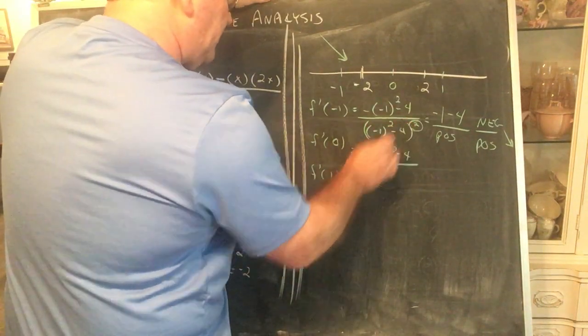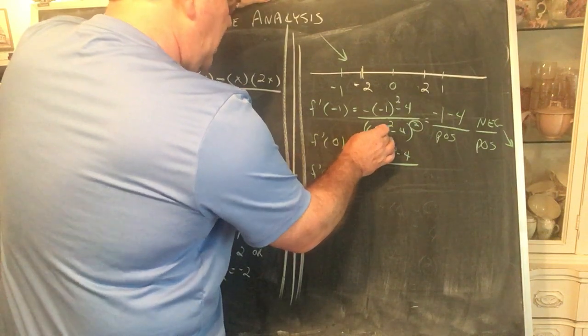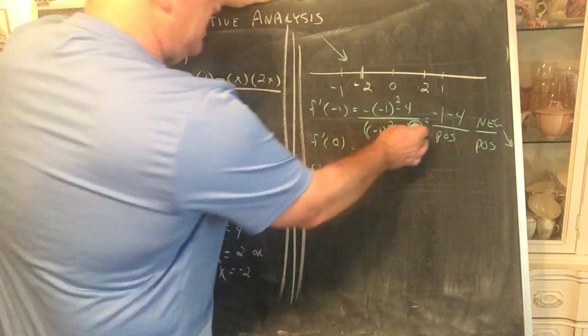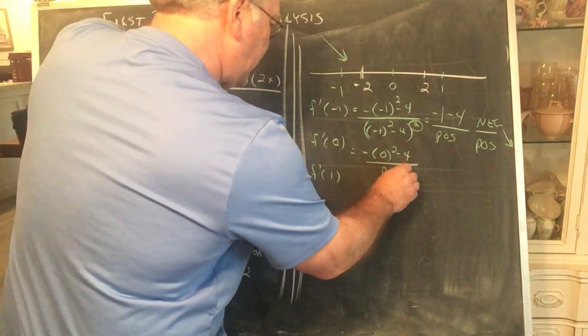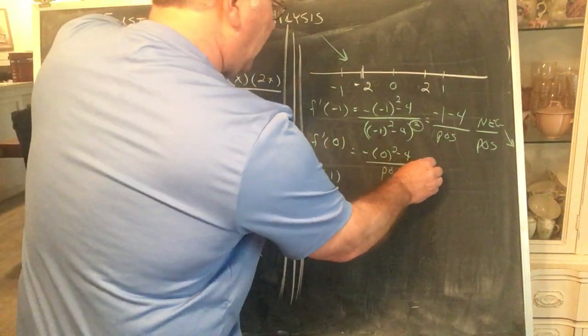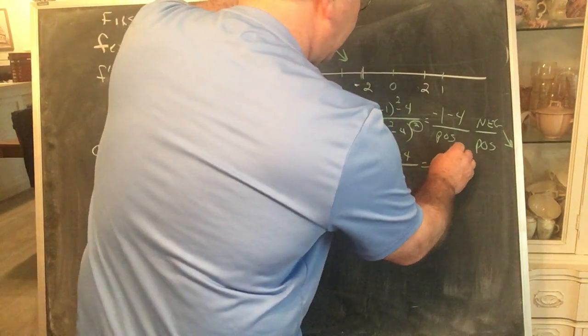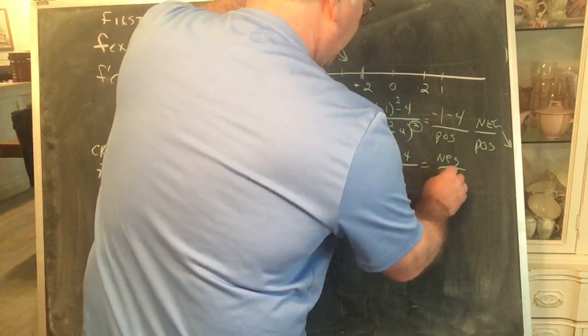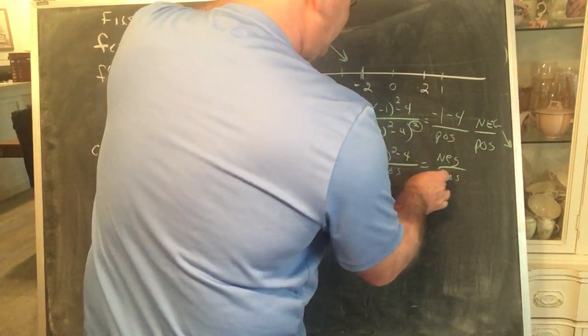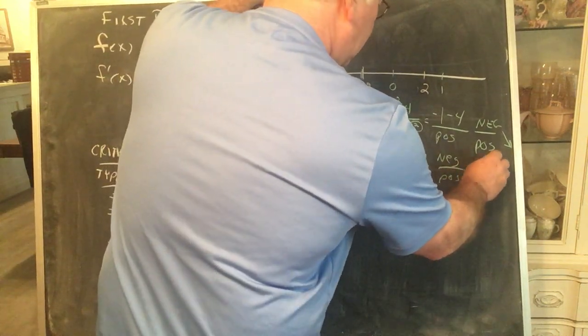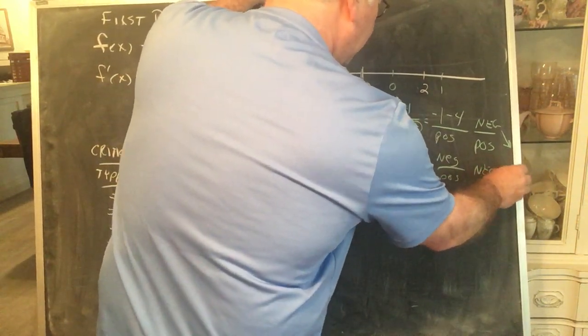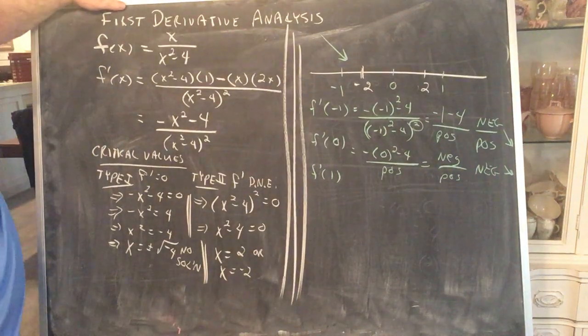So the denominator at 0, 0 squared minus 4 is negative, but squared is always a positive number. So all we're left with is what is happening in the numerator. Well, that's negative 4, which is a negative value over a positive value. Negative divided by positive is negative, which means the curve is decreasing in that interval as well.